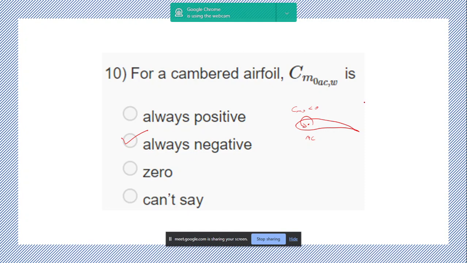Just try. I think I've discussed this in almost all three of the sessions. So what is the aerodynamic center? Where the net effect is zero, so there are no forces at the aerodynamic center.